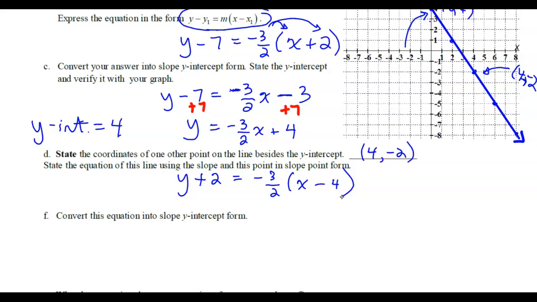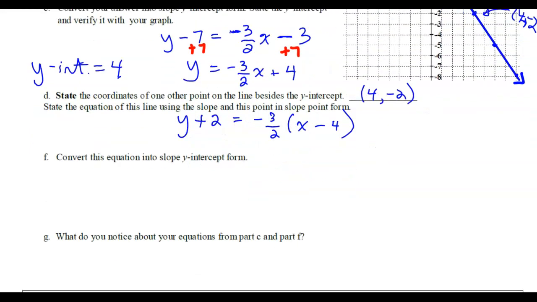Okay, so we've done it in slope point form with a different point. Now convert that into slope y-intercept form. What do you think? Should it be the same? Yes, it should. It's the same line. We used a different point. We have the same slope. When we expand this out, and again, distributive property works out nicely. -3/2 times -4 is +6.